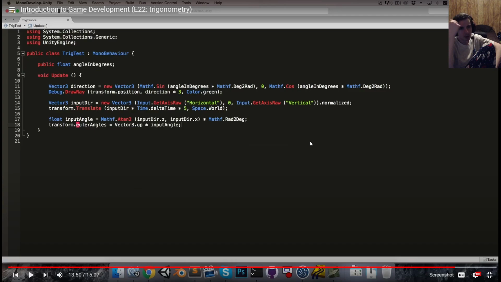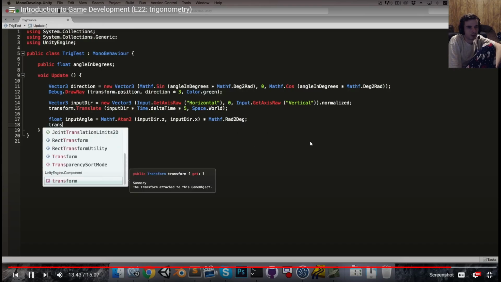Why would it be Vector3.up, though? Why would it be up?